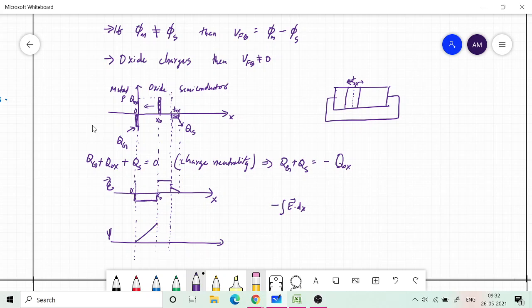Assume this is a straight line, and still there is some voltage to be dropped, which will be dropped in the semiconductor. This part is a straight line, this is a straight line, and this is also a straight line, because the electric field is constant. The integral is going to be a ramp function. On the right side, as I told you, only the negative sign will be there. E and dx are in the same direction, and therefore it will be negative, so that is why it is decreasing. And then you will have a parabolic here.